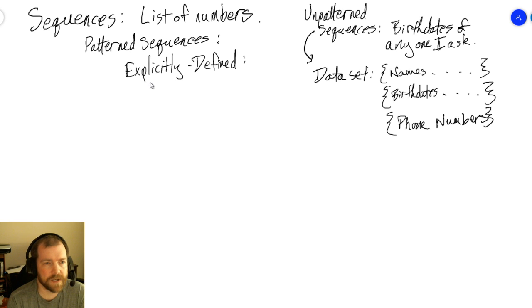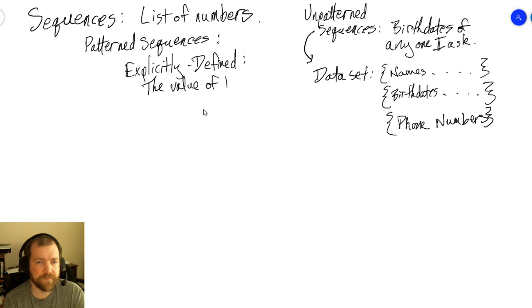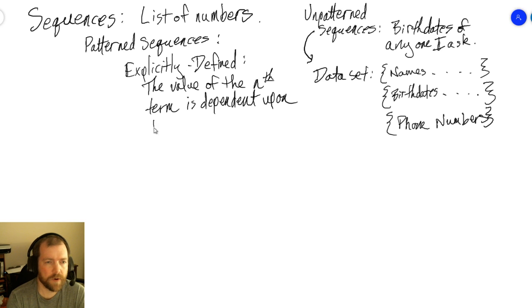And what this means is that, actually I shouldn't say the next term, so the value of the nth term is dependent upon its index only.